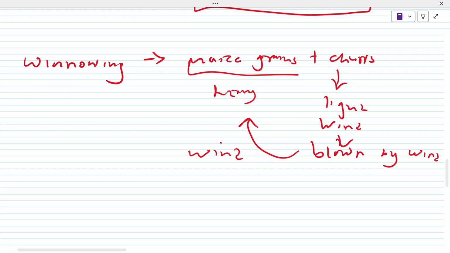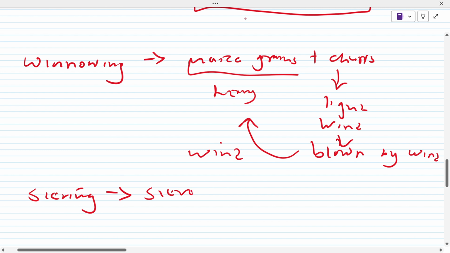Now the next one, and the last one that I did not mention in the examples, is sieving. Sieving is also a technique, and we use a sieve. And whenever we are using a sieve, the property of the mixture that enabled us to use a sieve is that some particles are very tiny, then others are a little bit larger.